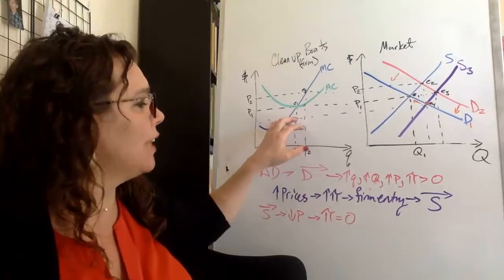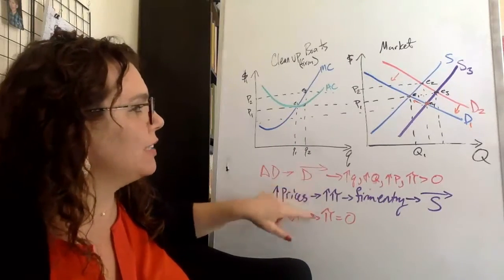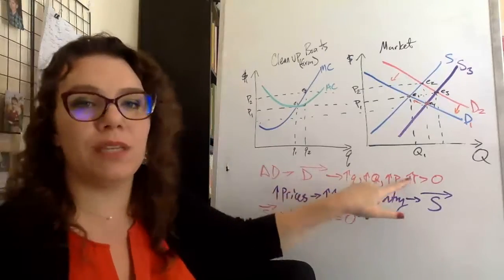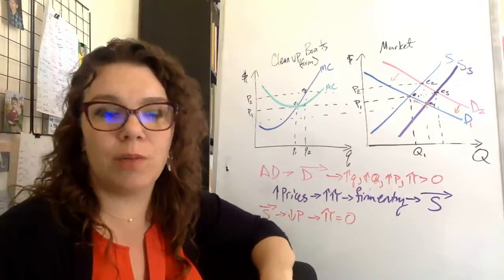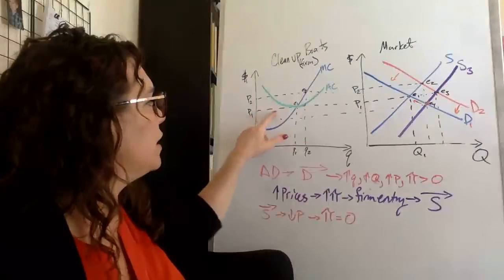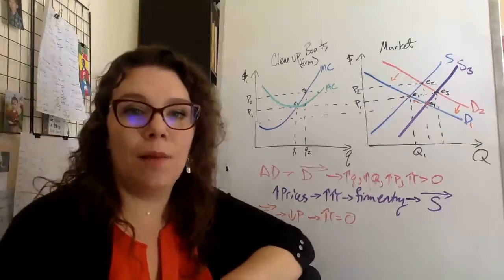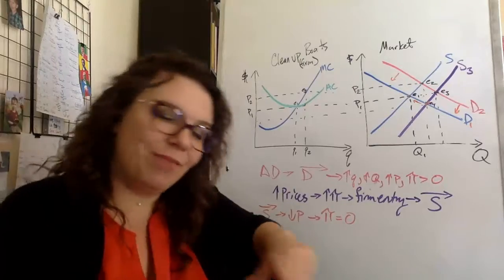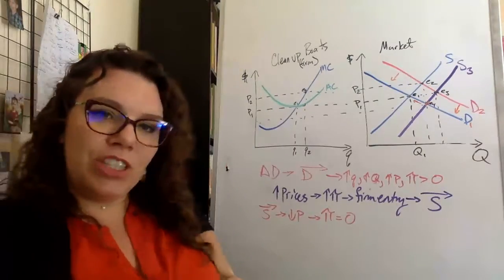It's going to allow firm entry and exit to respond when prices are such that we see profits be greater than or less than 0, because our long-run equilibrium is going to be at 0 economic profit.